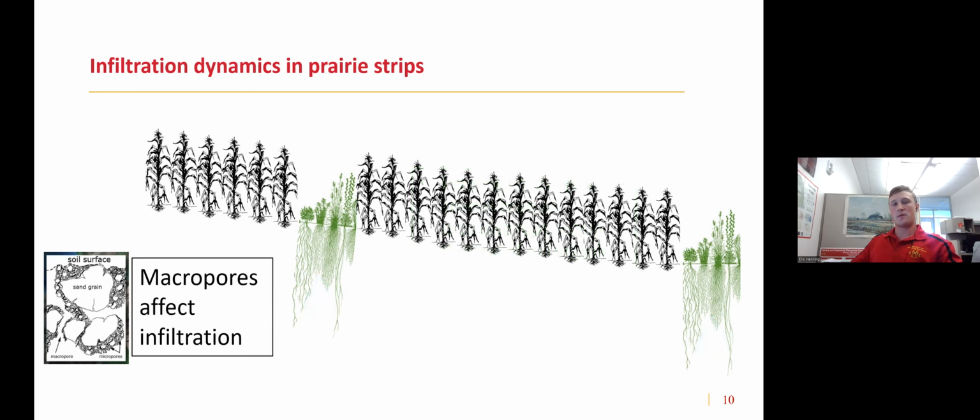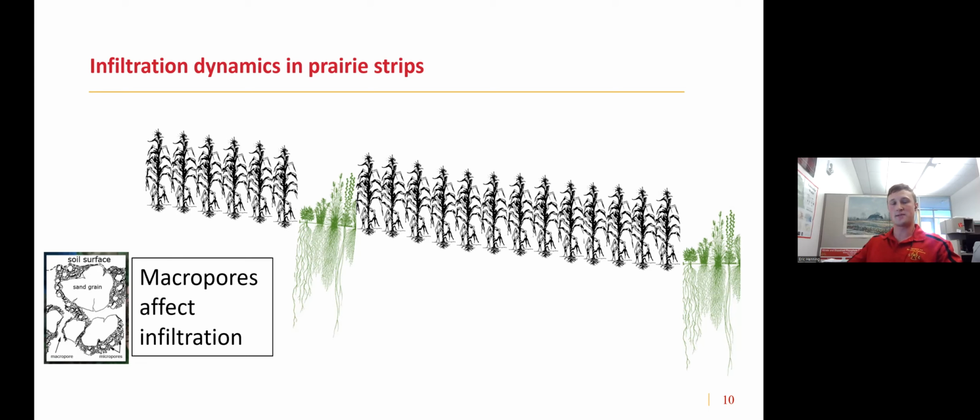So all in all, these factors that I mentioned are important because they affect the distribution and abundance of macropores within the soil profile. Macropores are essentially the relatively large air pockets within the soil, which are the most important factor when we consider movement of water through the soil.